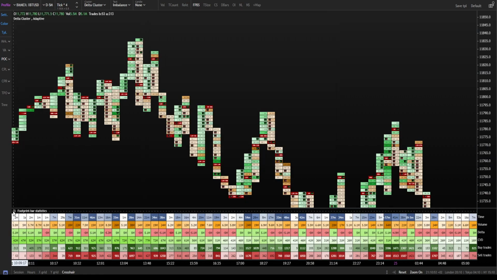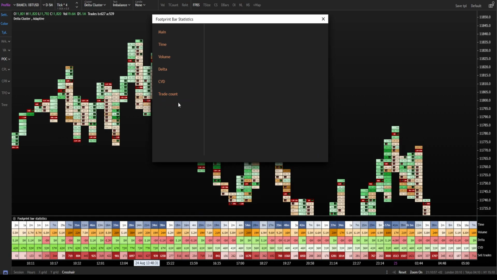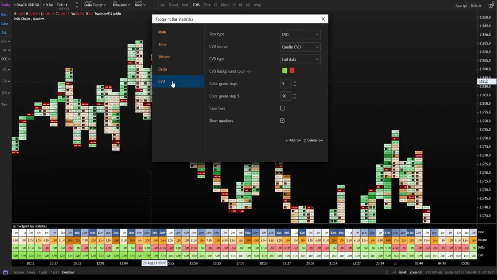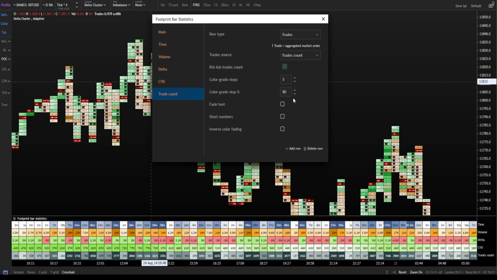If you go to the settings of footprint bar statistics, then click on trade count, you can delete or add things to it. To keep things a little bit simpler, what would also suffice is to add a new row, click on trades, and put it on trades count.